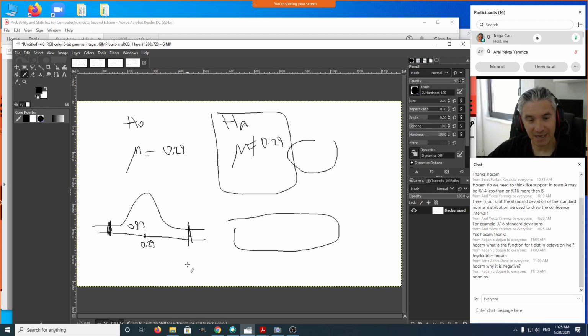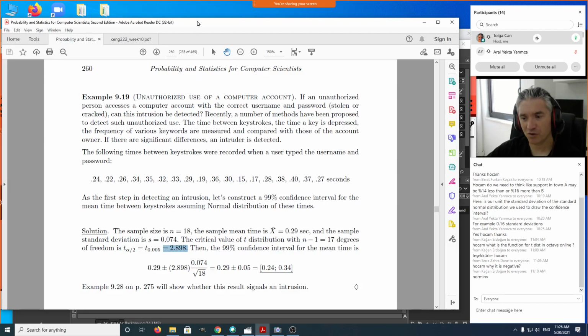Now if we collect a different sample and the keystroke interval turns out to be outside this interval, we are going to say that it's something not normal. So we are going to reject the null hypothesis and say that there's something not common going on here, and that person may be the intruder. So hypothesis testing is similar to those confidence intervals we have built, but we're going to talk about that in detail next week.